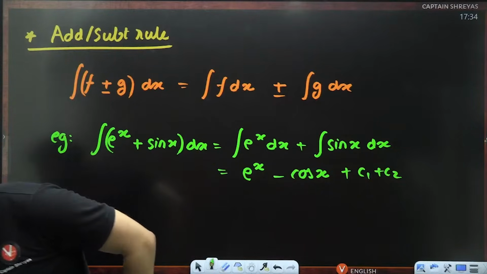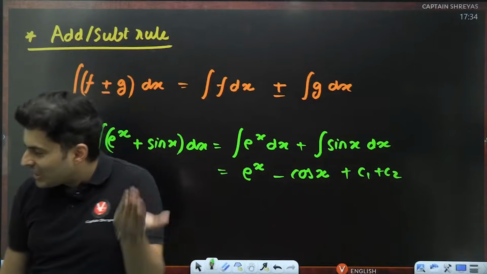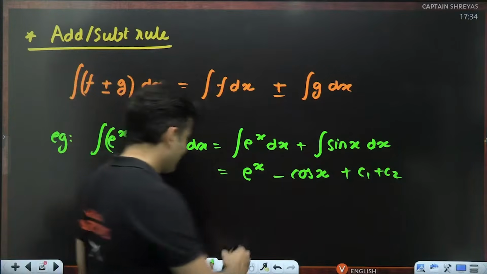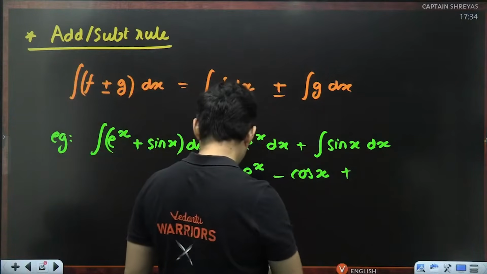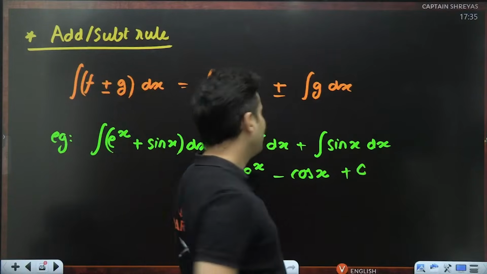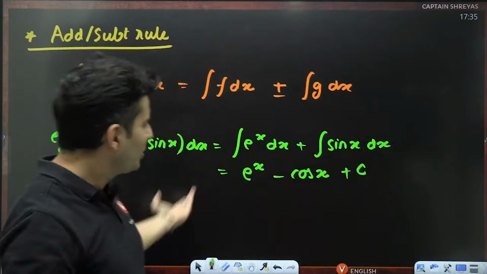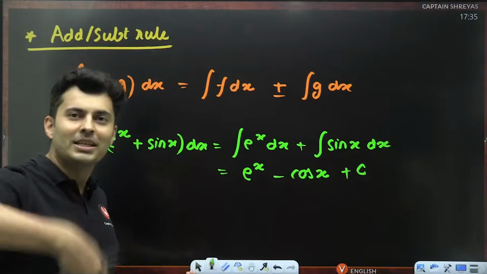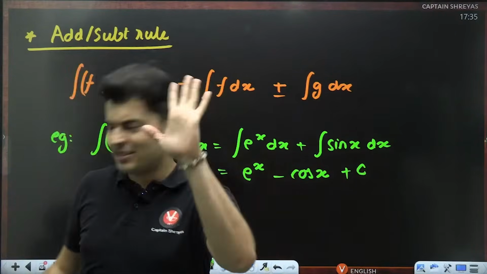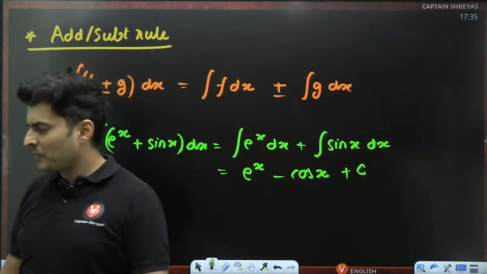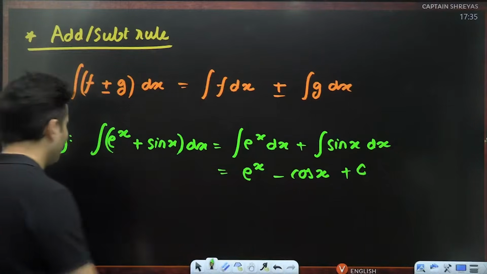Yes, it will be just another constant only. Very good. So hence the answer should be just c. So don't worry about putting c1, c2, c3, c4 like that. It's a waste. Complete waste. So just put it as one single constant.